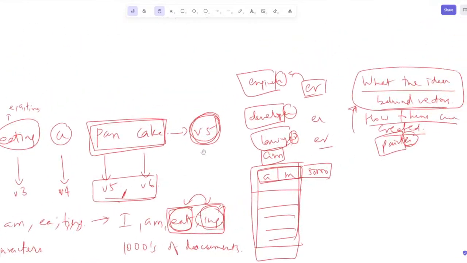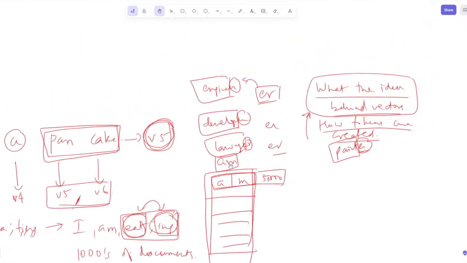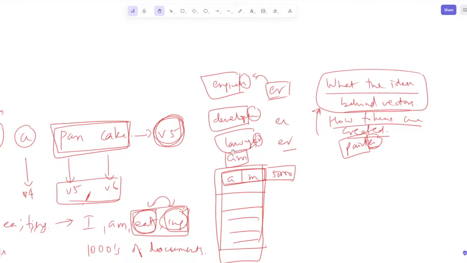Similarly, we took the example of engineer, developer, lawyer, painter. There's always an ER at the end of it, which means a person who does. So a developer develops, a lawyer practices law. So we take ER as a separate word and we take all of the root words separately.